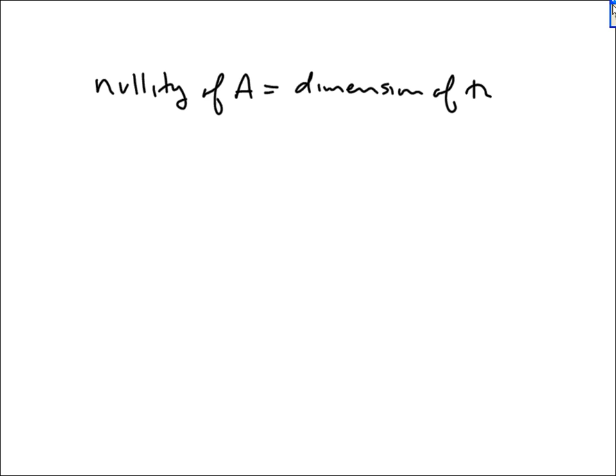Now, remember, we talked about the nullity of A. The nullity of A is equal to the dimension of the null space of A. What is the null space of A?